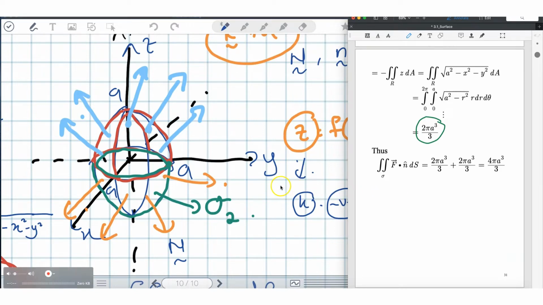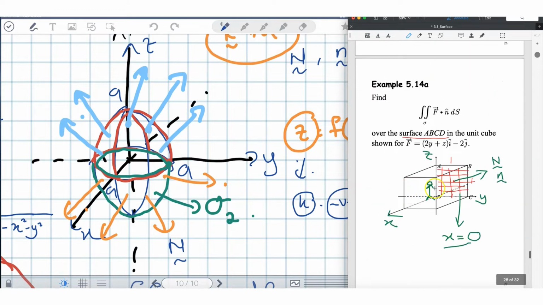The Gauss theorem is the way to help you simplify your calculation. Otherwise you have to waste your time computing many surface integrals. For example, if I ask you to compute the whole surface of the cube, imagine how many surface integrals you have to provide. It depends on the number of surfaces that you have.